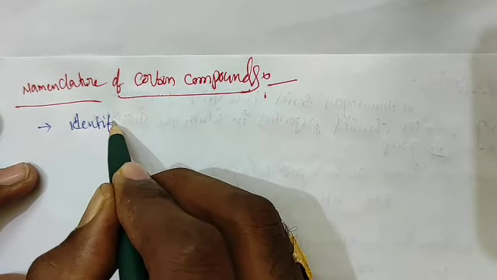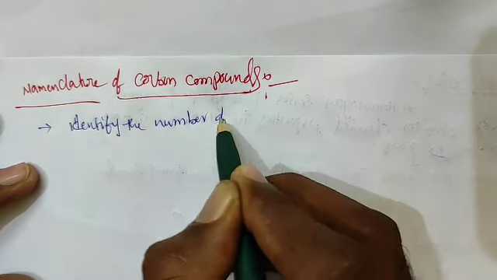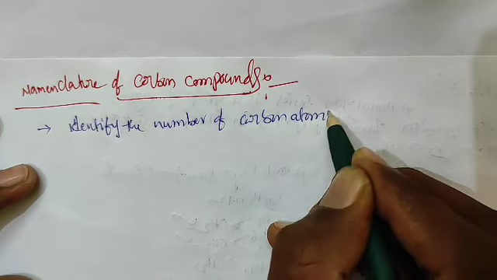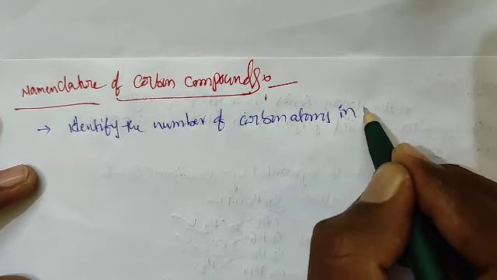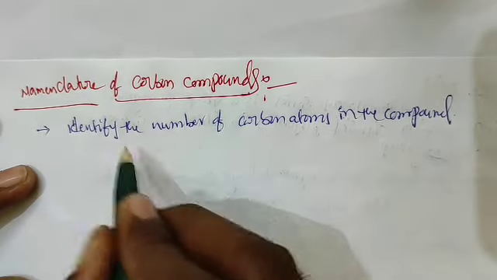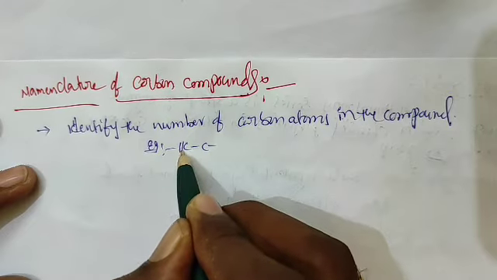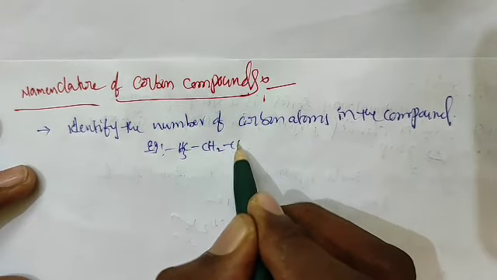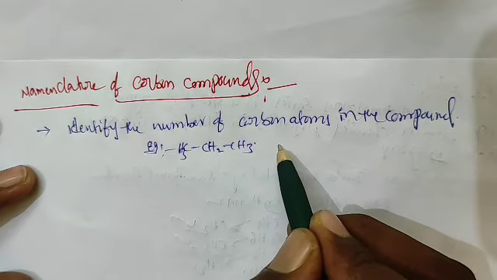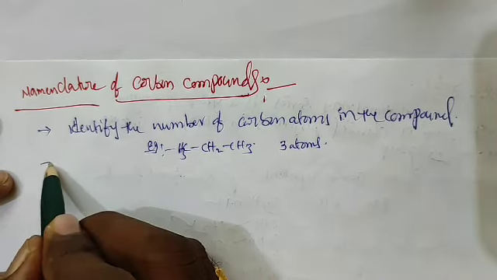For example, CH3, CH2, CH3. So here we have identified 3 carbon atoms. That is the first thing.